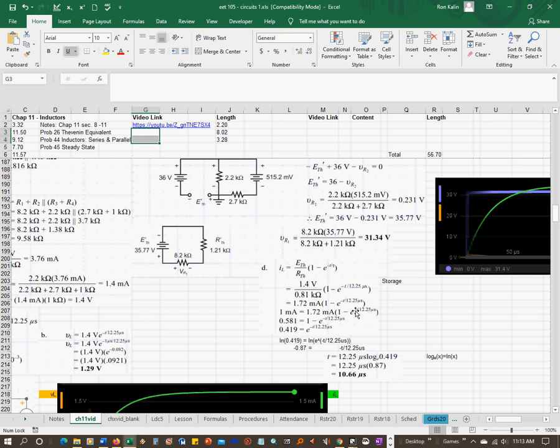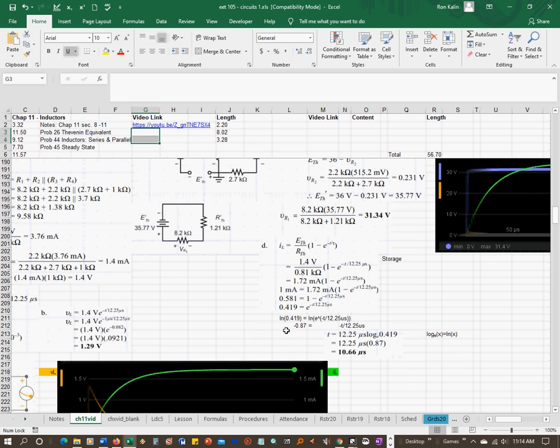So how do we get T out of there? Well, you simplify this. 1 milliamp divided by 1.72 is 0.581. Simplify it more, you get it down to here, and then you have to take the natural log of both sides. So the ln of 0.419 is negative 0.87, and ln of e to any power is just equal to that power.